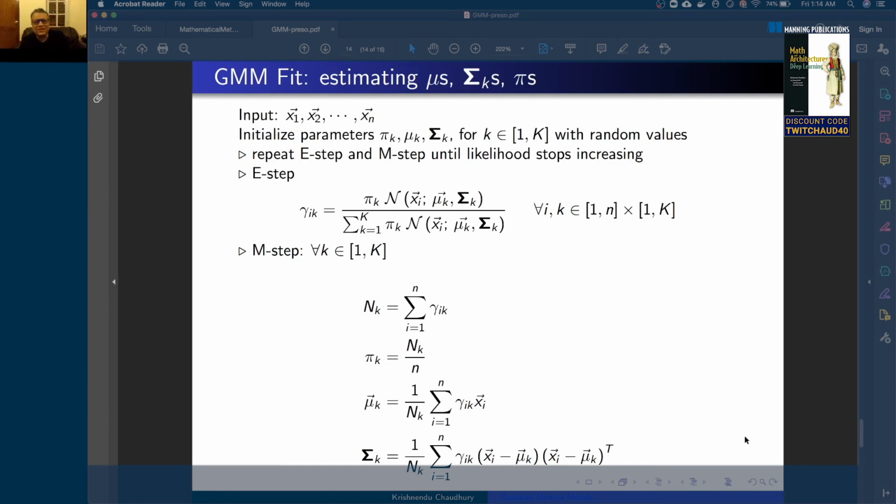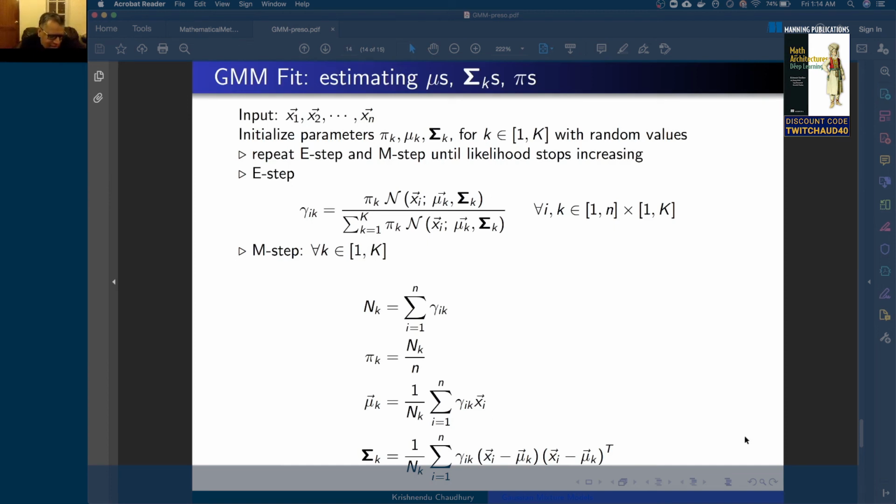So this algorithm is called GMM fit. It's also known as the expectation maximization algorithm, called the EM algorithm, and EM stands for expectation maximization. It runs in a pair of steps that keep on alternating.